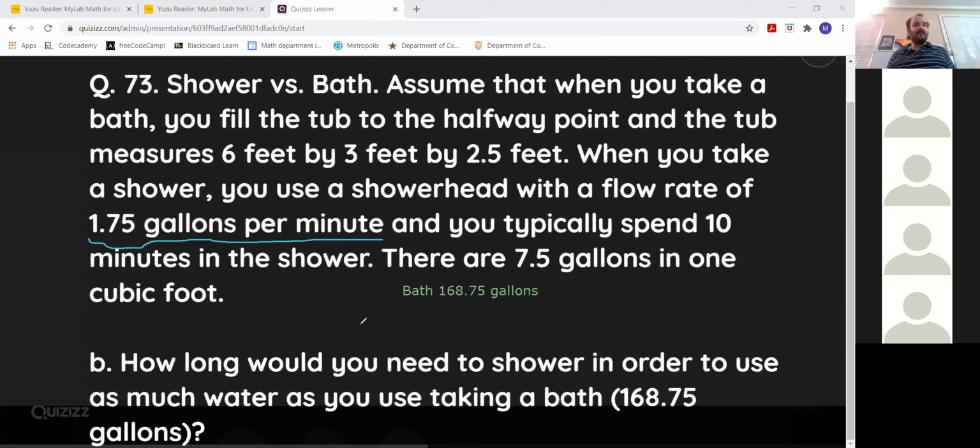So if I'm using water at a rate of 1.75 gallons per minute taking a shower, how long is it going to take to use 168.75 gallons? If you do your unit analysis, you should end up with something in minutes.